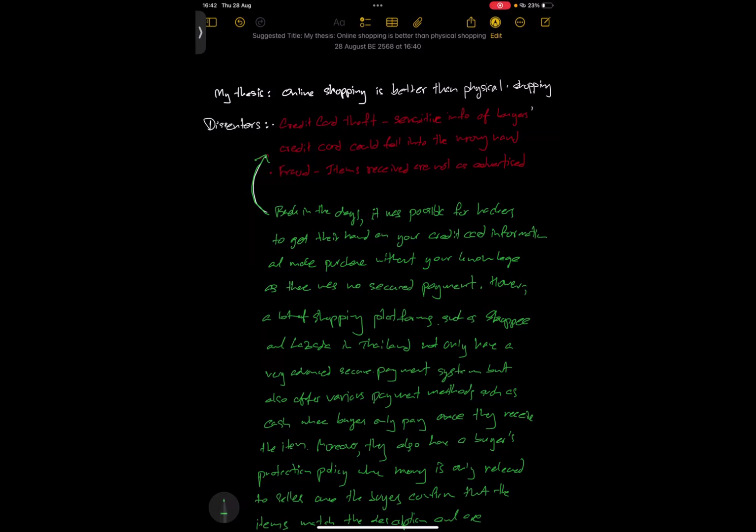In the past, there used to be news headlines about people losing their money from buying things online or having their credit card stolen. The hackers who stole the credit cards used them to make purchases without their knowledge, so they ended up owing the bank a lot of money. They can't pay it off, and the authority could not apprehend the culprit.